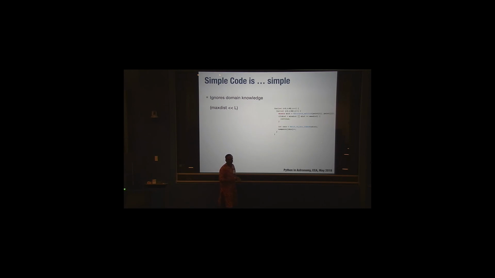Yes, it's simple code. But the problem with simple code is that it's simple, which means you ignore a lot of knowledge. For instance, let's say I wanted to compute separations between every one of you that's in the auditorium right now, but I only cared about people that are separated by less than 3 seats.